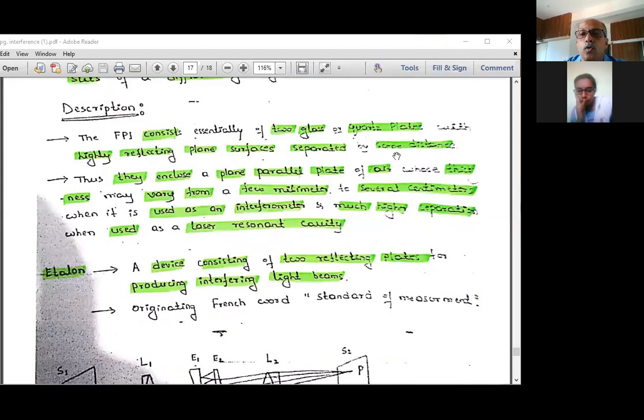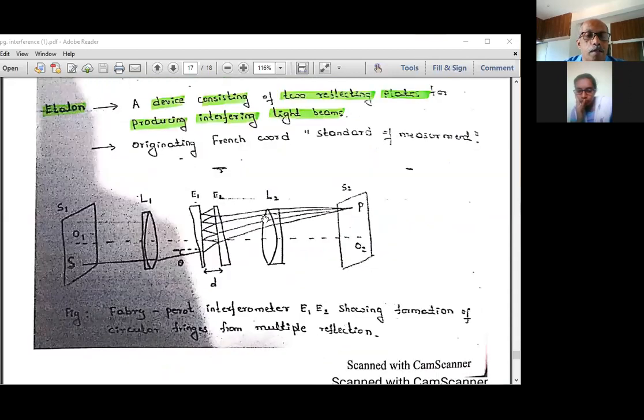It consists of two glass plates or two quartz plates which are highly reflecting plane surfaces separated by a small distance. E1 and E2 are two plane glass surfaces, or two plane glass plates, or two quartz plates which are parallel to one another, and they are separated by a very small distance d.